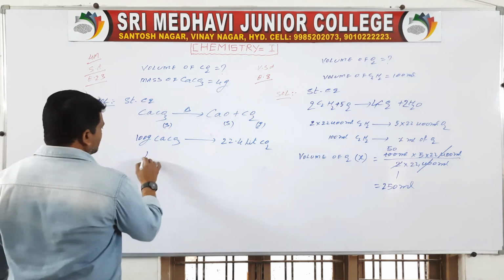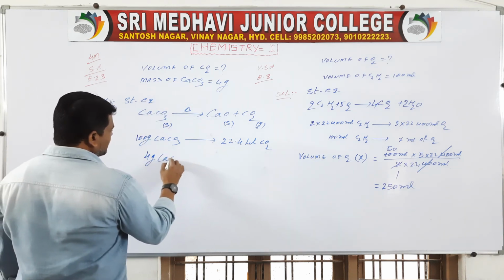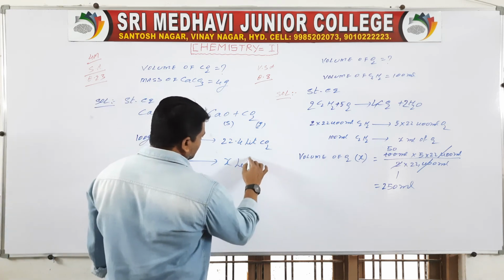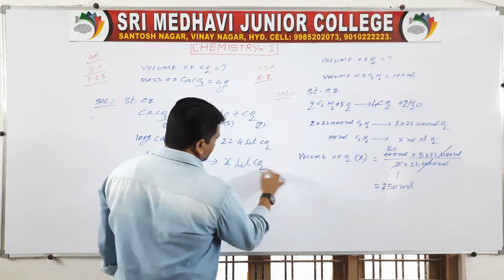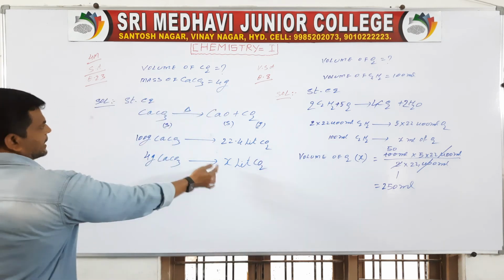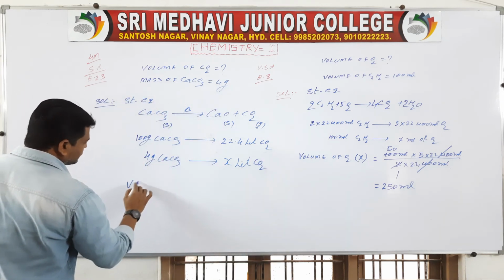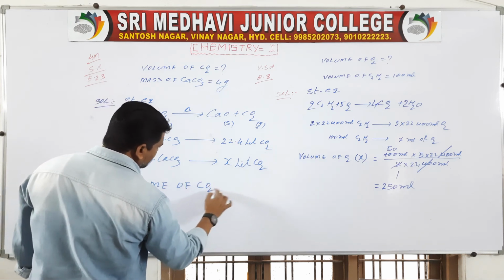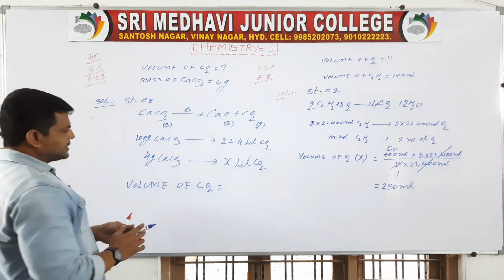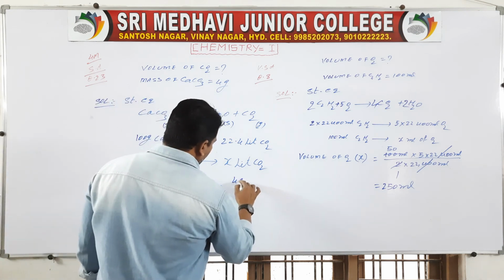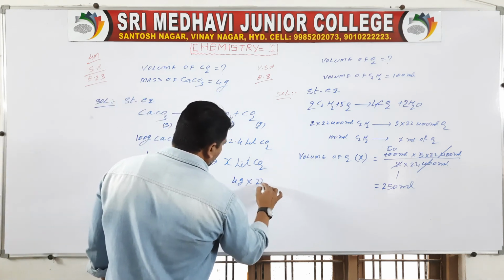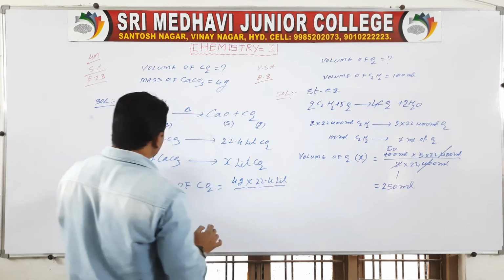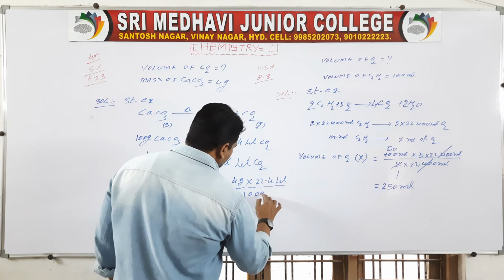Here 4 grams is given. 4 grams of CaCO3 gives rise to X liters of CO2. X is nothing but the volume of CO2. By cross multiplication, 4 grams into 22.4 liters by 100 grams.